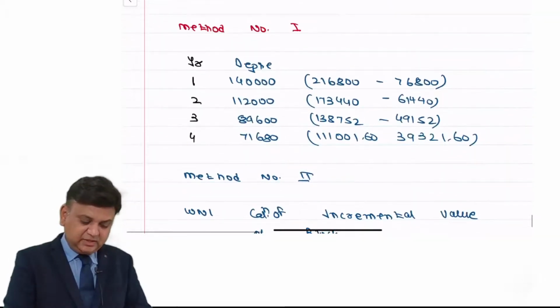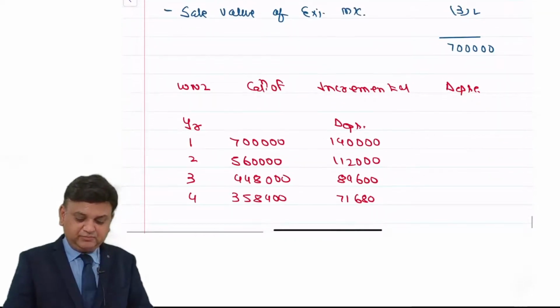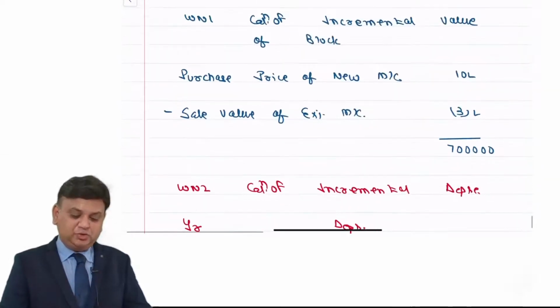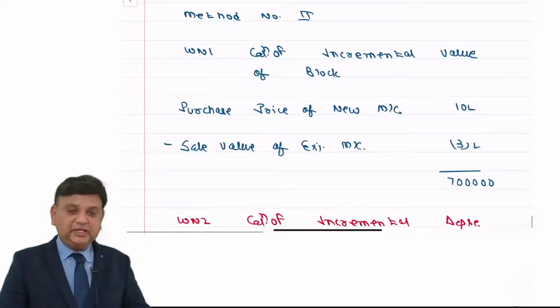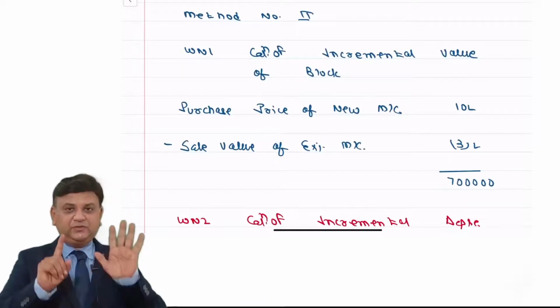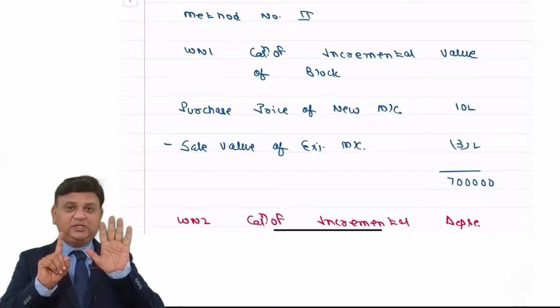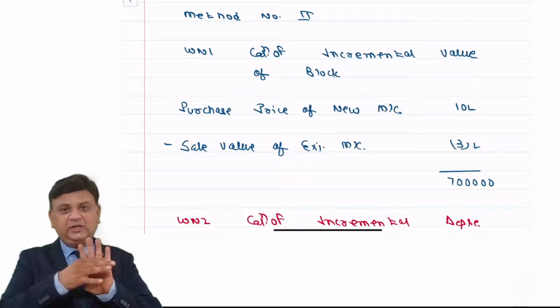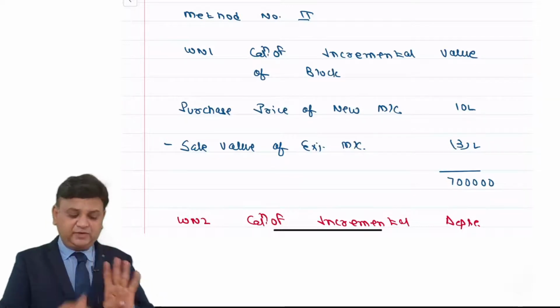You can see this matching with these values. So your substantial work is reduced, you can see. In the first method, friends, you're required to compute the depreciation for 6 years for the existing machinery. First and second irrelevant, the later 4 is relevant.